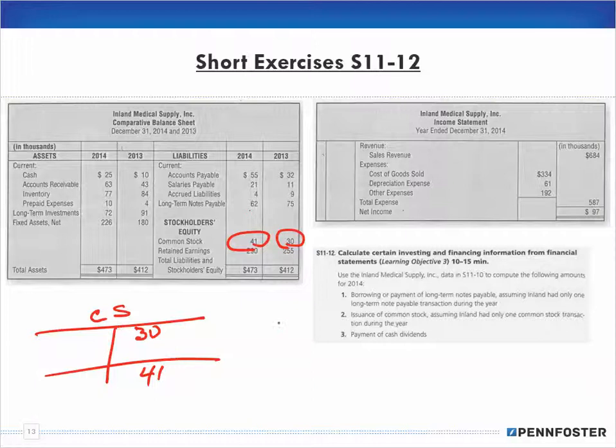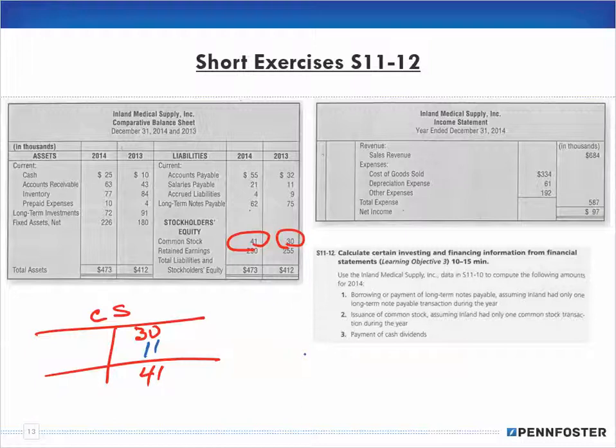It does if we're thinking about treasury stock, but notice we don't have any treasury stock. If we had treasury stock, we would have to take that into consideration because that's going to reduce our common stock. When we buy back our common stock, it becomes treasury stock. But in this case we don't have any, so this ends up being another simple situation where we're going to subtract one from the other and get an answer of 11,000.